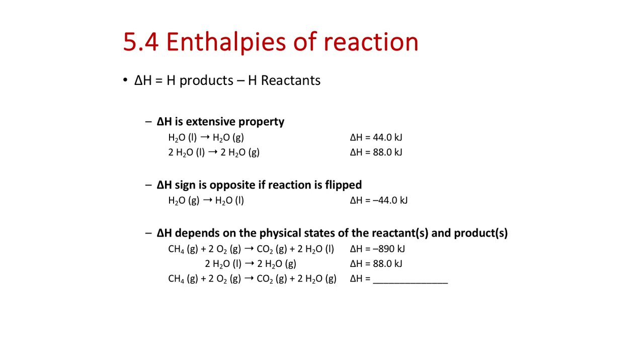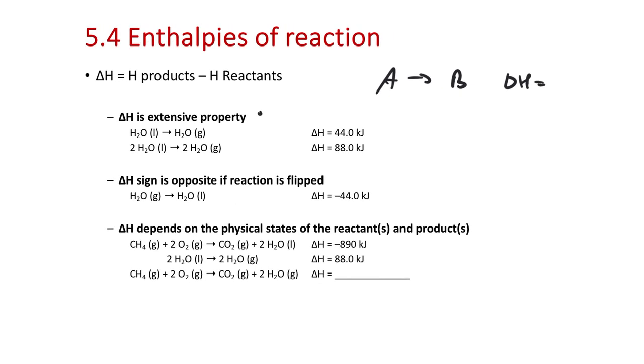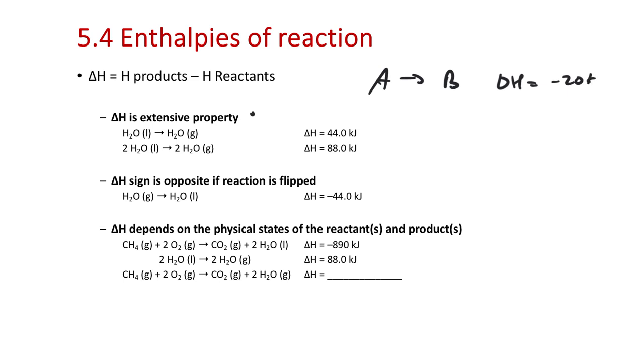And so let's look at delta H here with this term, that delta H is an extensive property. Delta H, if you notice, when I write A to B in my general example, and I say that, for example, the delta H is minus 20. Let's go back to this example here. Notice that there's no per mole.